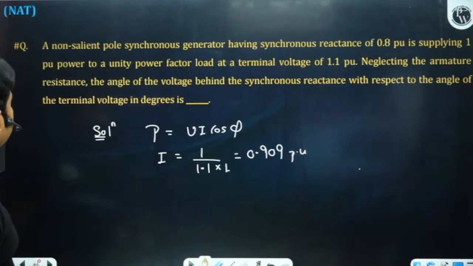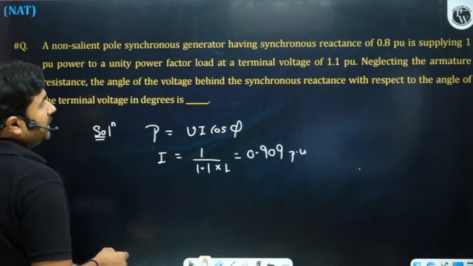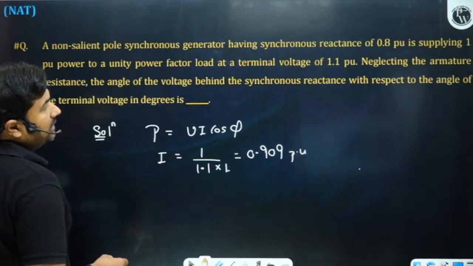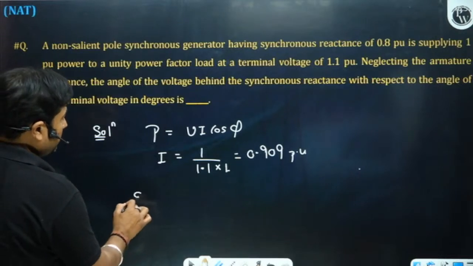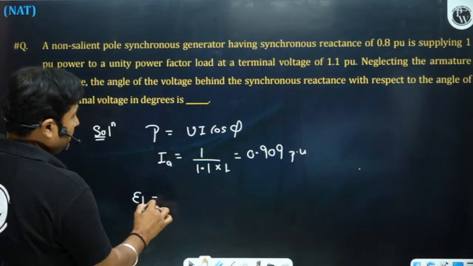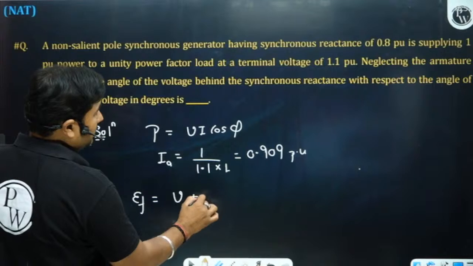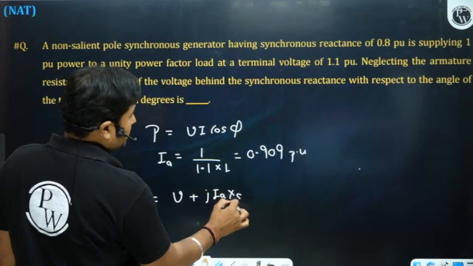Further, neglecting armature resistance, the angle of the voltage behind the synchronous reactance with respect to the angle of the terminal voltage in degrees is. So what will EF phasor be? EF phasor will become V phasor plus jIa Xs phasor.